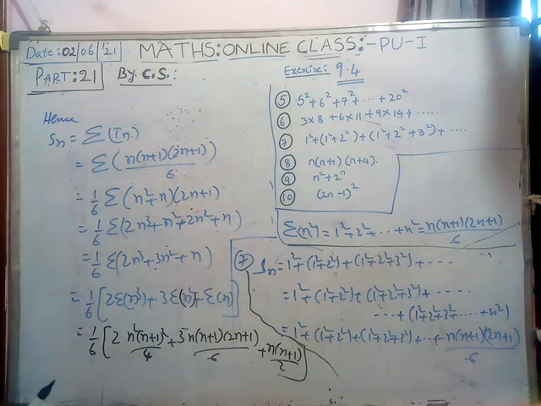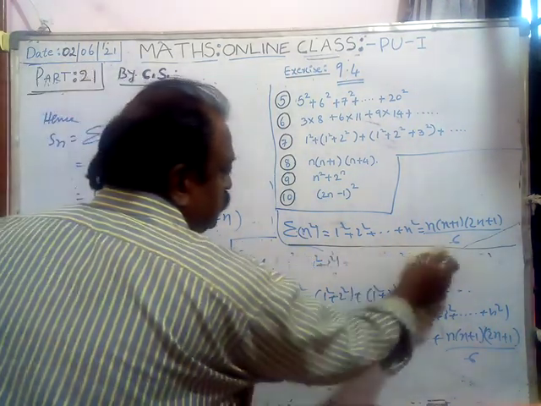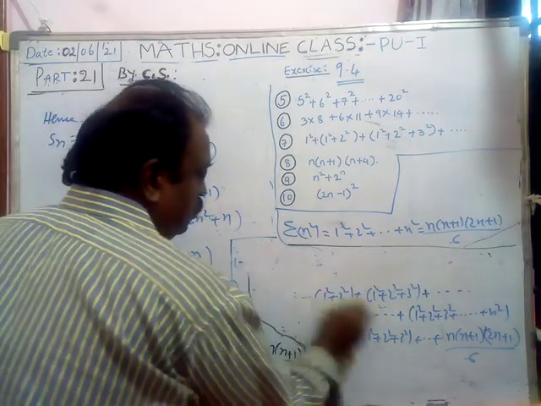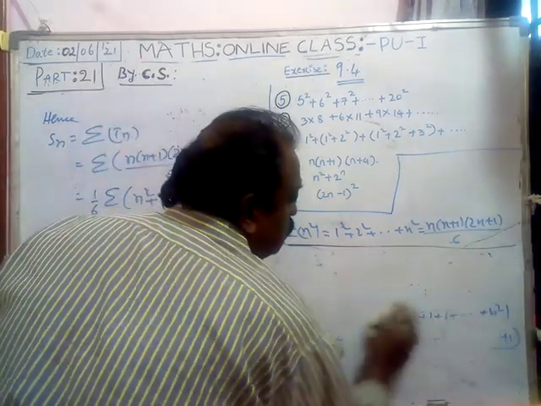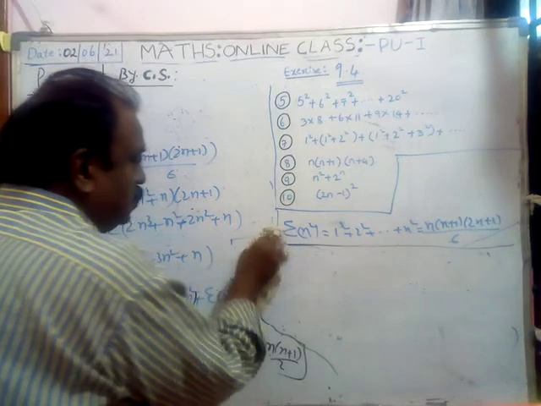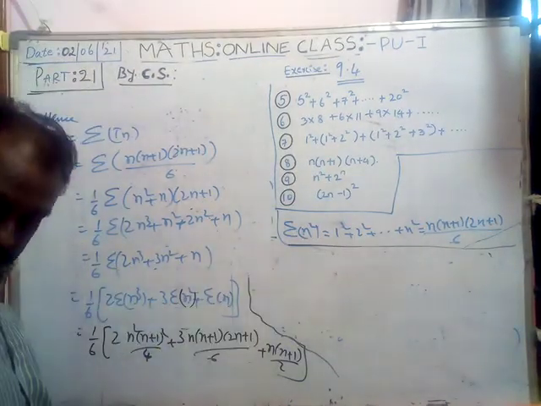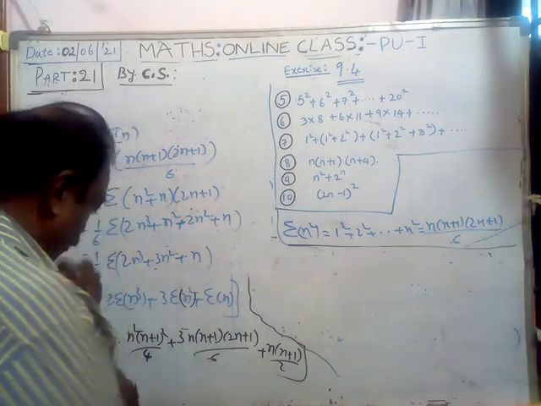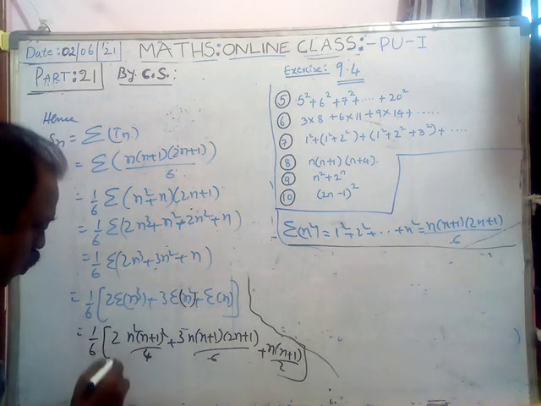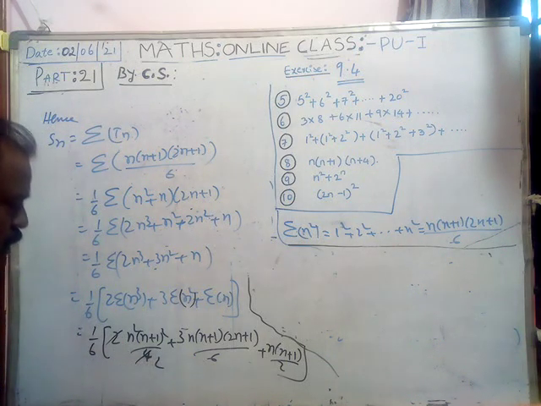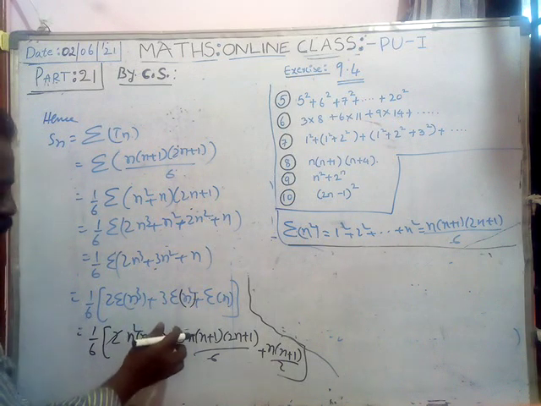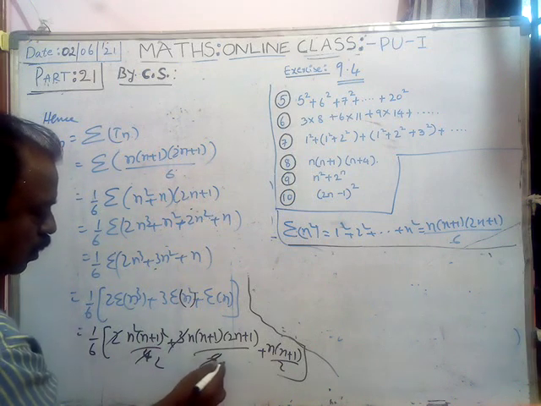Now, here it is 2 2s, and here also 3 2s are 6.